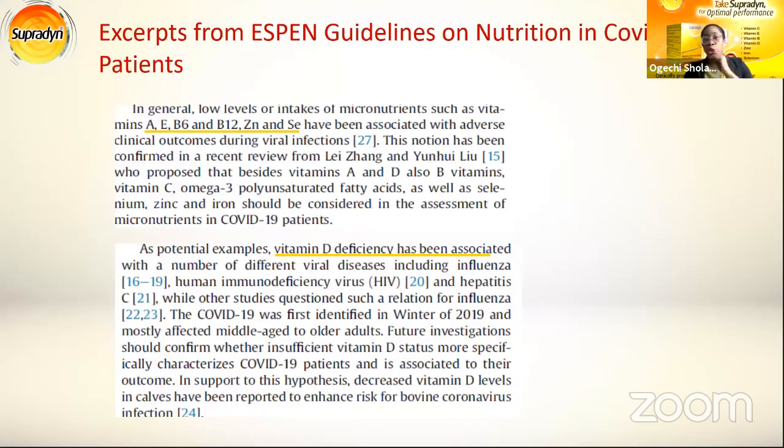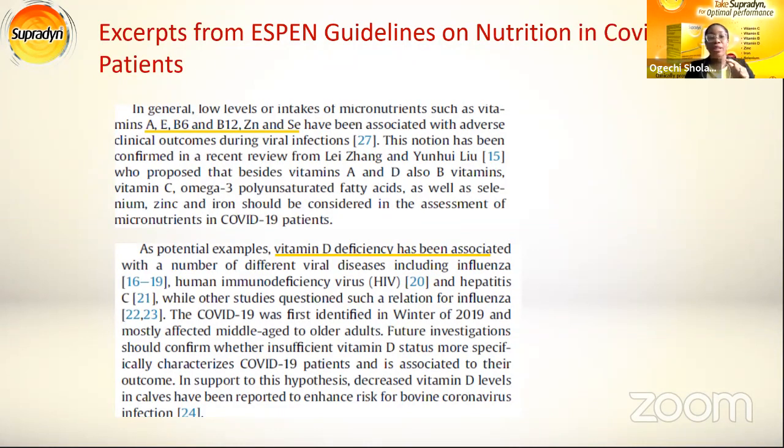Now, I also wanted to show this excerpt from the ESPEN guidelines on nutrition. It was recently modified to reflect the current pandemic, and it shows that low intakes of micronutrients such as vitamins A, E, B6, and B12, zinc, and selenium have been associated with adverse clinical outcomes during viral infections.